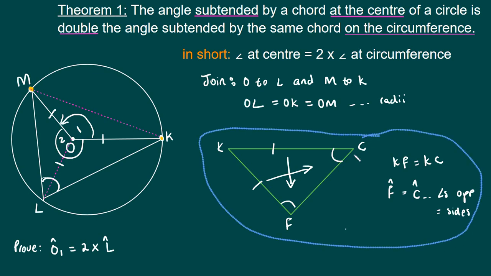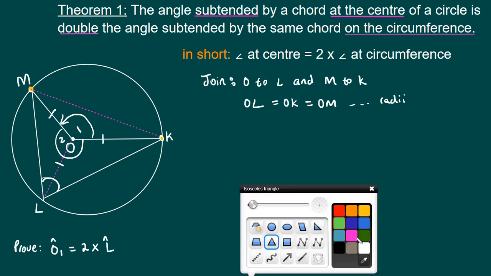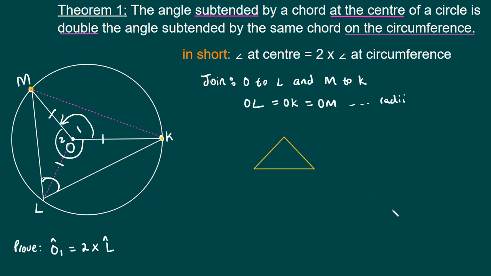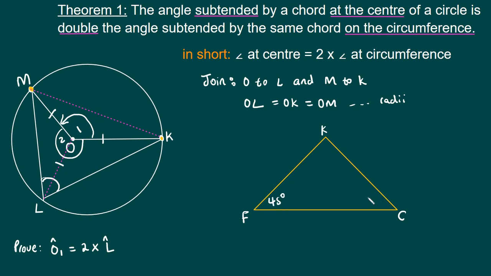But maybe can I also ask, what if I had something like this as my triangle? I had this, and then let's just call it also triangle K, F, C, and then it so happens that here I know that this is 45 degrees, and then there it is 45 degrees.